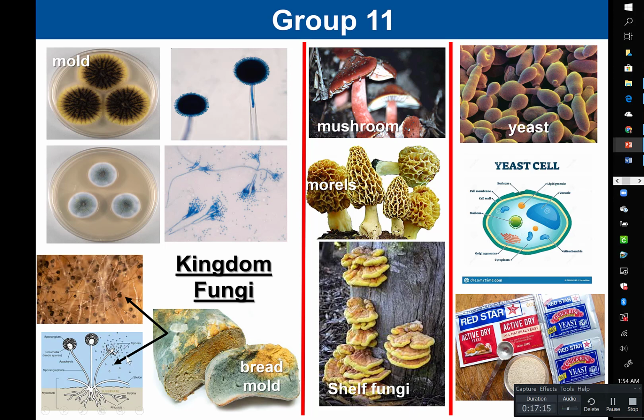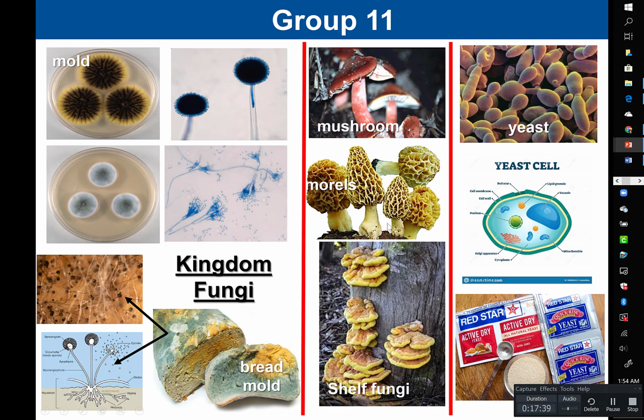And those spores are used to reproduce asexually. So what you're seeing in these pictures, these are asexual types of reproduction, but rhizopus also does sexual types of reproduction. So it can do both. They don't necessarily reproduce just one way or the other. They can reproduce sexually or asexually.